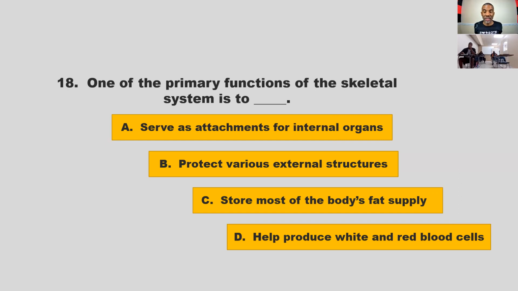Is that your final answer? No, it's B. Oh wait, no, it's B. So the primary function of the skeletal system is to protect, you're saying B, protect various external structures. Is that correct?